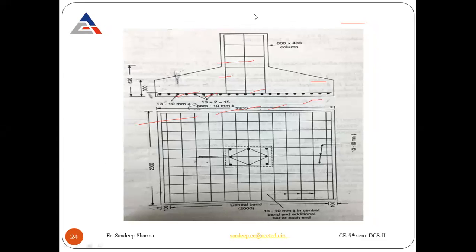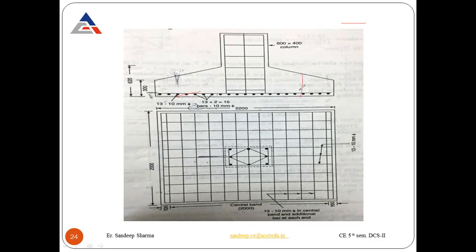This is basically the cross section of the rectangular isolated footing that you can see here, and on the other side we have the plan of that footing. In this figure, along this longer side, the main steel will be along the shorter side, and the distribution steel will be along the longer side.